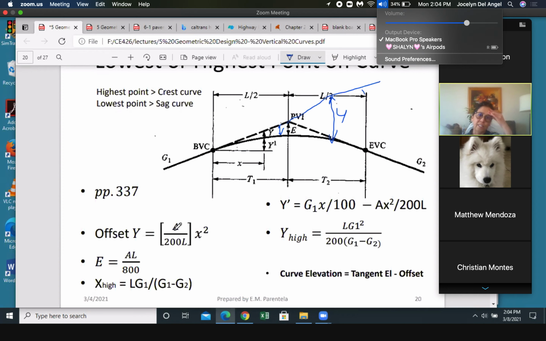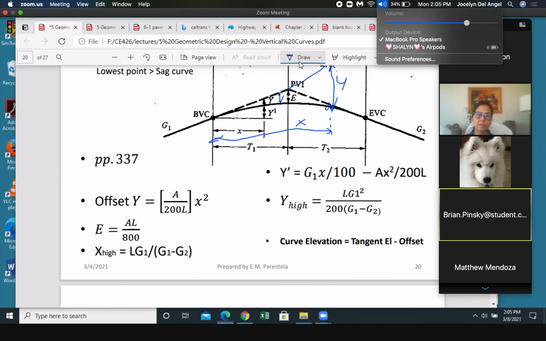So again, offset is A over 200L times x squared, where x is the location that you're interested in. So let's say I want to know the elevation at this point. This will be my x. Same thing here, this will be your x. A is on the curve, not on the imaginary straight line, right?